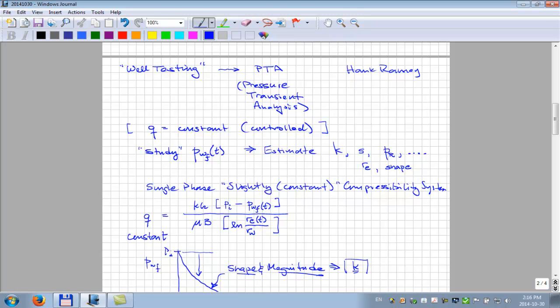He basically took a collection of his publications. And Hank Ramey, basically you have all of the first and second generation pressure transient students, most of them coming from Ramey. Brigham was his colleague, and so forth.